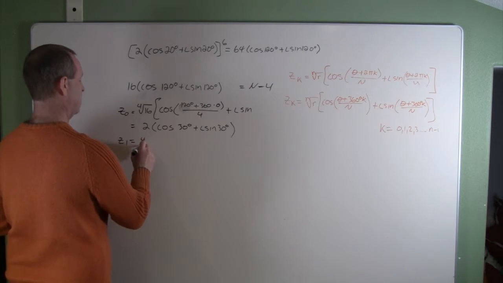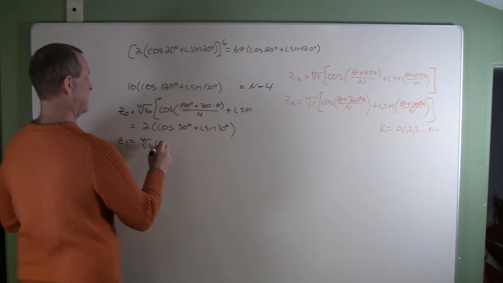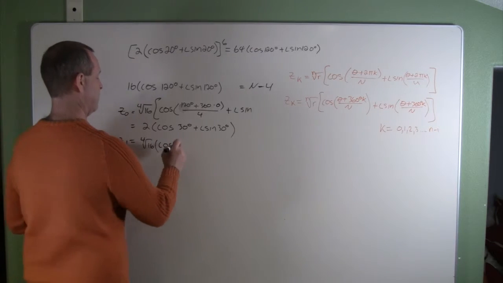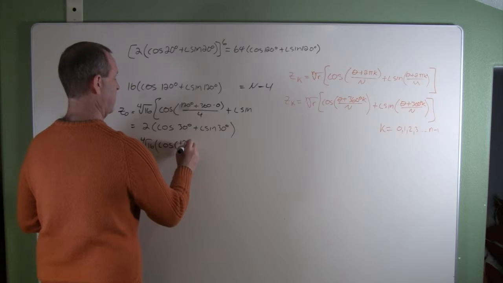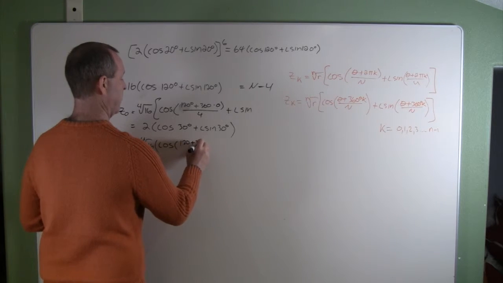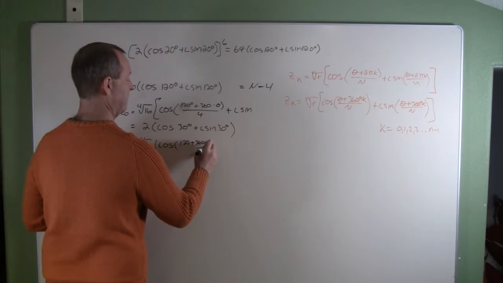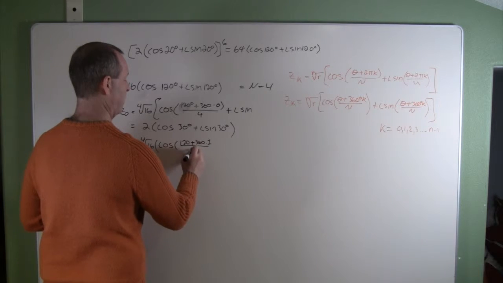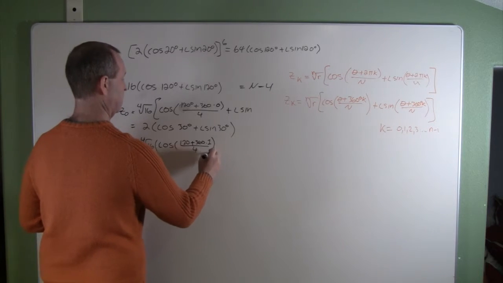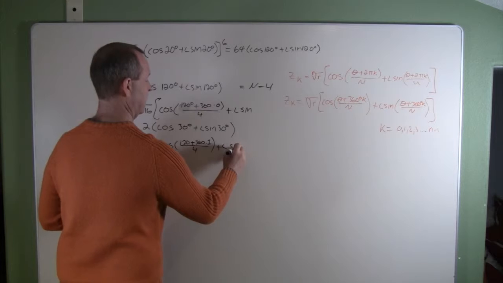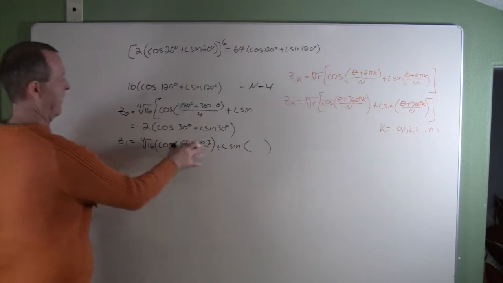So I'll be fourth root of 16 times cosine of (120 degrees plus 360 times 1 this time), all over 4, plus i sine of the same argument, whatever that argument is.